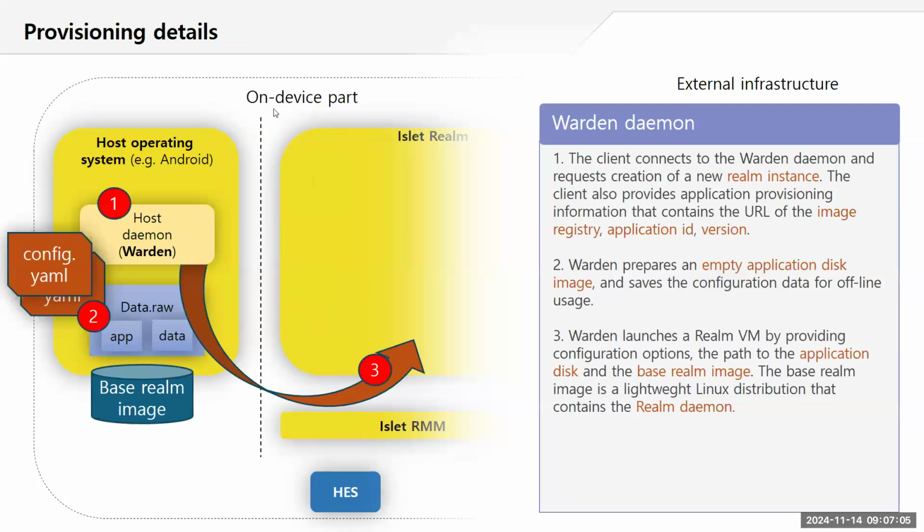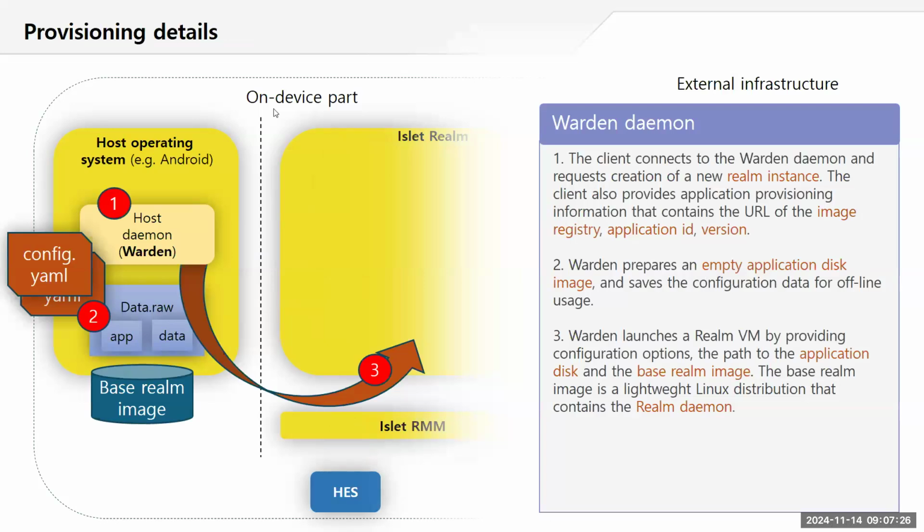Okay, and now let's dive into the example of the provisioning process. Here, the Varden daemon launches the realm VM using a previously prepared configuration. Basically, it loads the base realm image containing our custom Linux distribution with an attached newly created empty disk image.